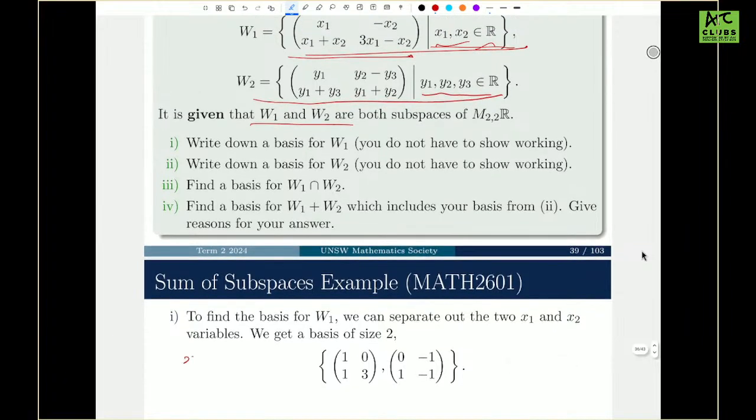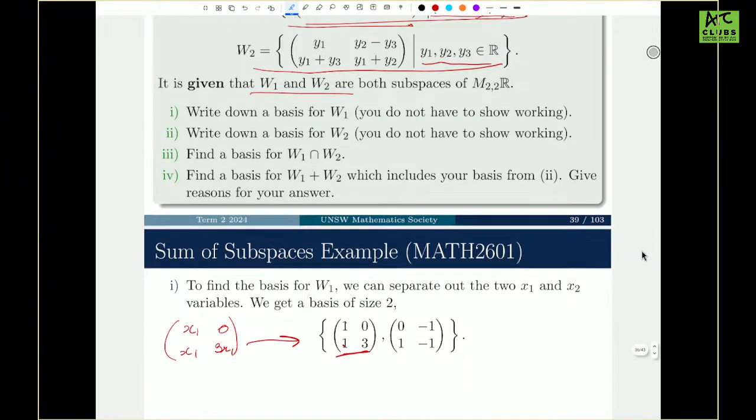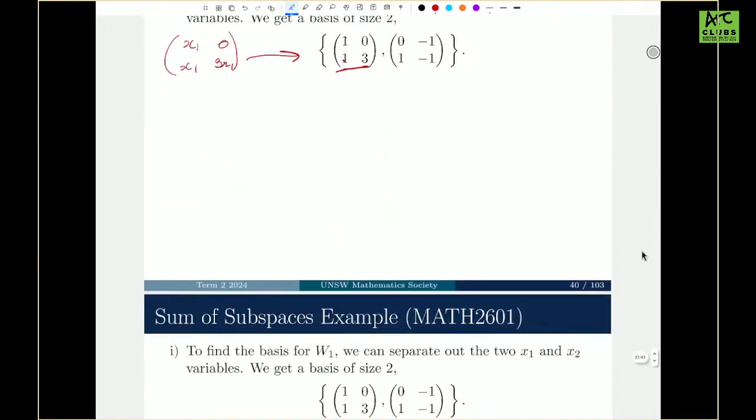So it'd be X1, 0, 3X1, that would be one of our matrices, and then we factor out the X1 and take it off, because the X1 we can just think of as a scalar at that point. And then it would be 1, 0, 1, 3, like here. And same for the X2 matrix.